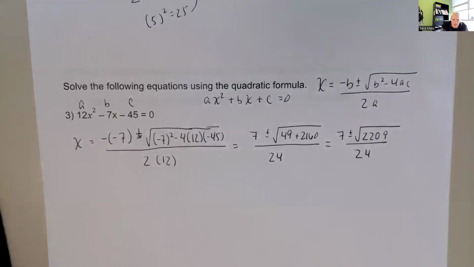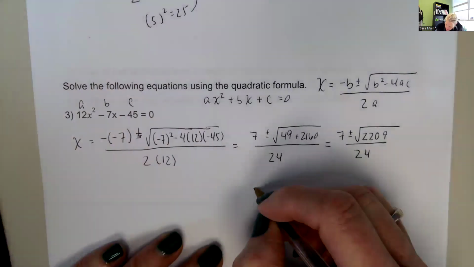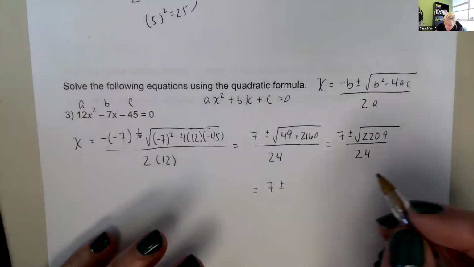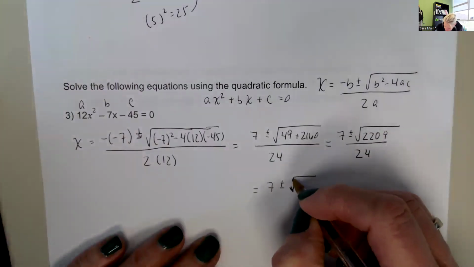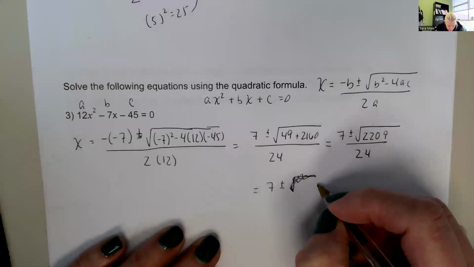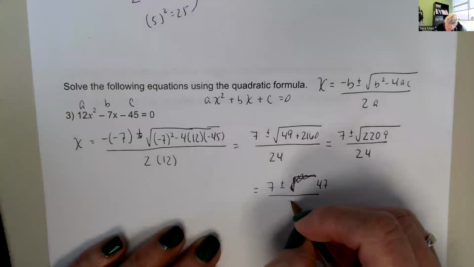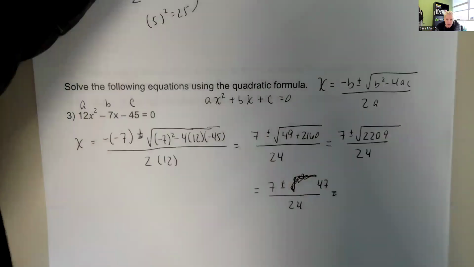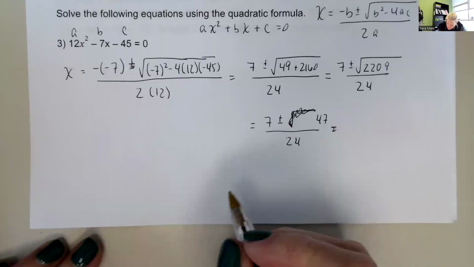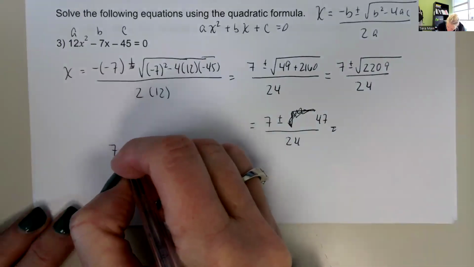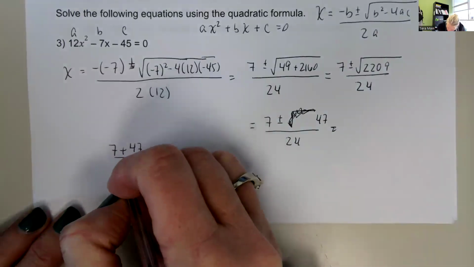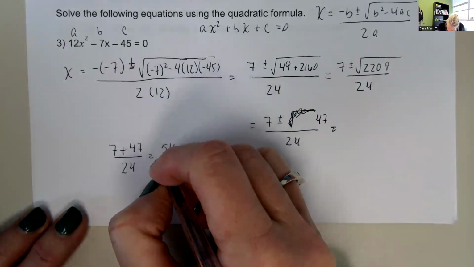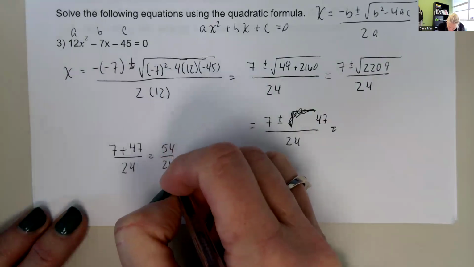And that simplifies to 7 plus or minus the square root of 2209, which is awesome because it is an even 47, over 24. So that means that we're going to have two possible answers. We're going to have 7 plus 47 over 24, which is 54 over 24.